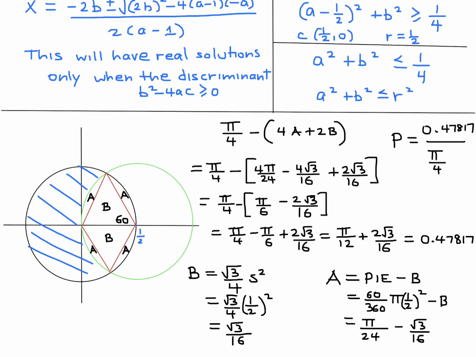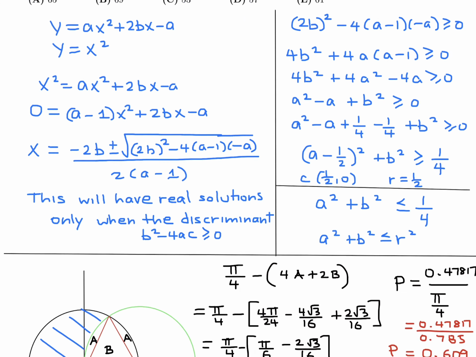Now we are down to the wire here, the final step. 0.47817, and then pi over 4, that's, well, using 3.14 approximately, if you divide that by 4, 0.785 approximately. And then this final is about 0.609. That's P. P is 0.609.